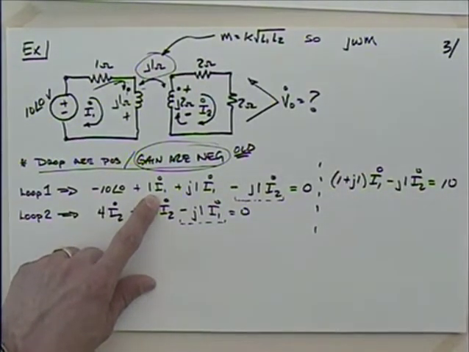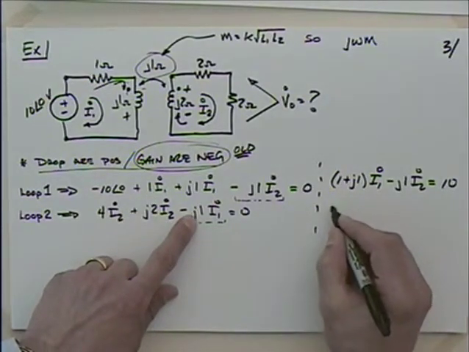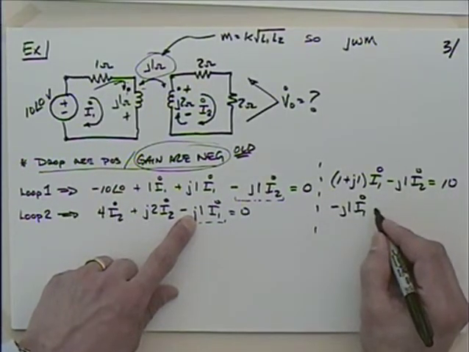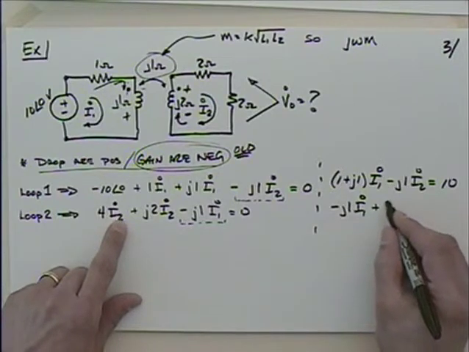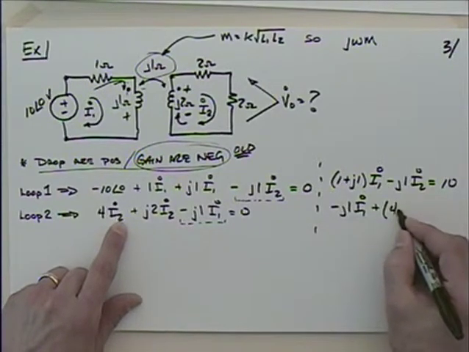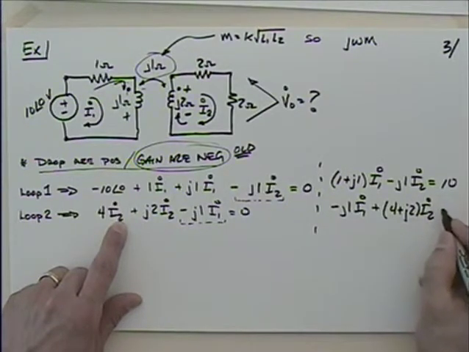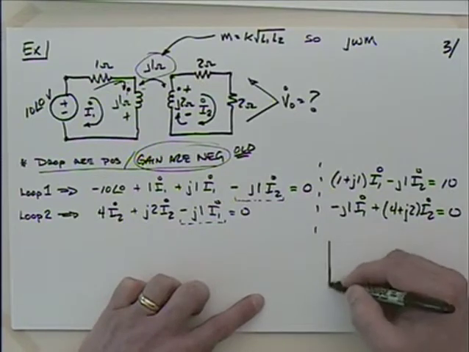And then over here I've got minus j1 I1 plus 4 plus j2 I2 is equal to 0. So you put this into a matrix. What's that matrix going to look like?